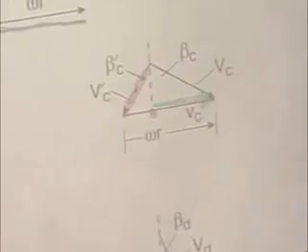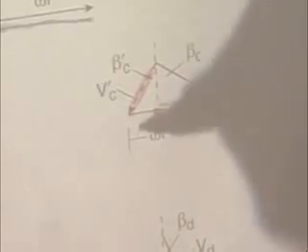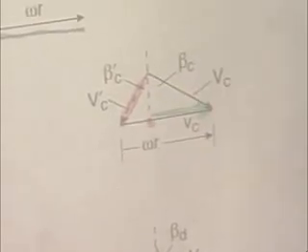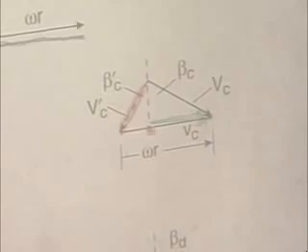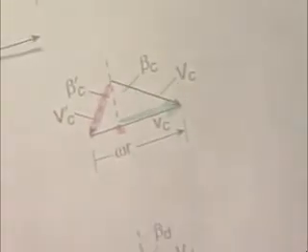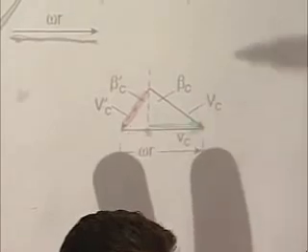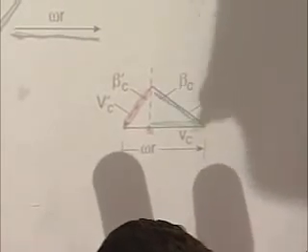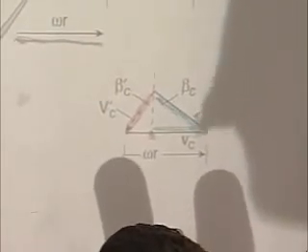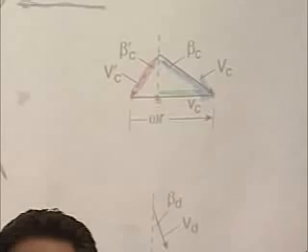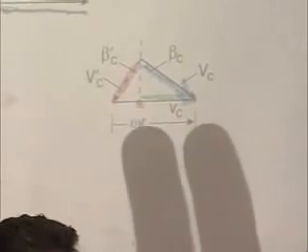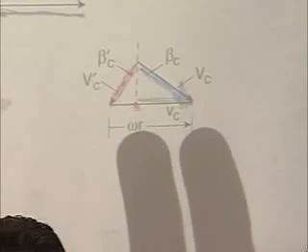So how do I get back to the stationary frame? I add omega r, which is this black line on the bottom, to this red vector, and now I'm back to the stationary frame. And the component of that I care about is the tangential component, which is that little green vector along the bottom.